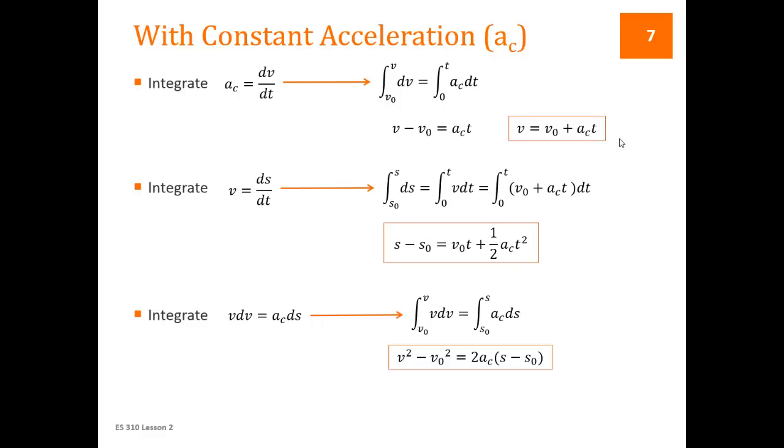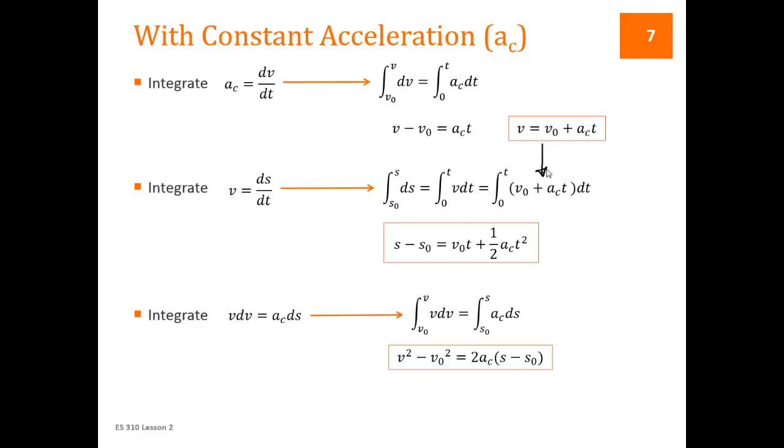Now let's take a look at our v. So v is equal to the time derivative of position. In integral form, the integral from the initial position to the final position of ds is equal to the integral from the initial time to the final time of v dt. So let's plug in v from up above.